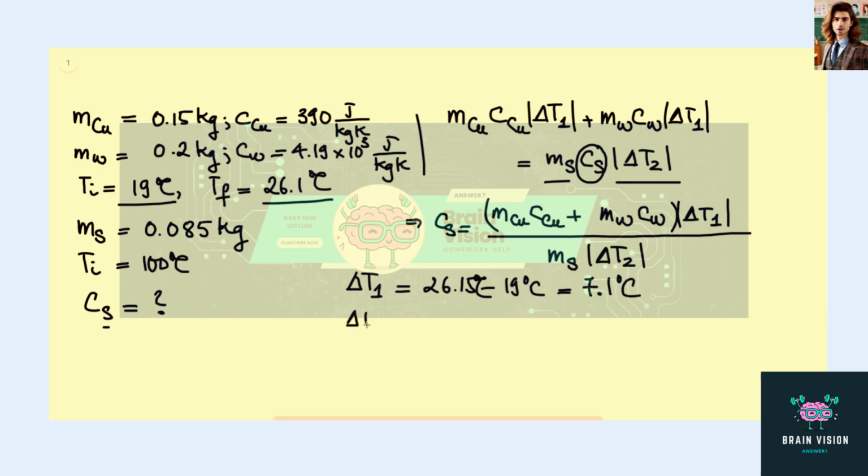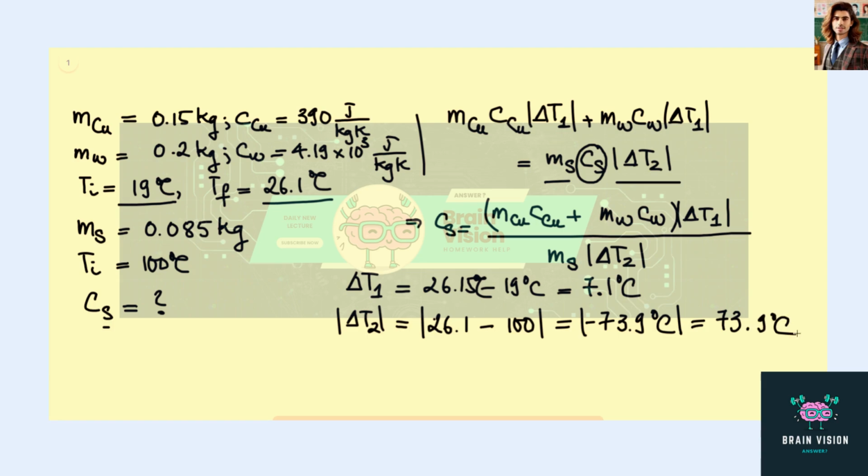And delta T2 is equal to 26.1 minus 100. And this is equal to negative 73.9 degrees Celsius. And so then the absolute value of this thing is equal to the absolute value of that, and so we will get positive 73.9 degrees Celsius.